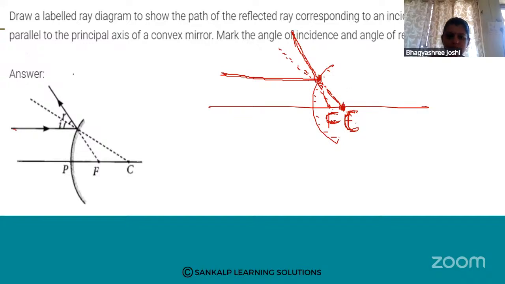Okay, now see here, this is the angle of incidence. Why are you drawing normal? See, this is a smooth surface, this is incident ray and this is reflected ray.